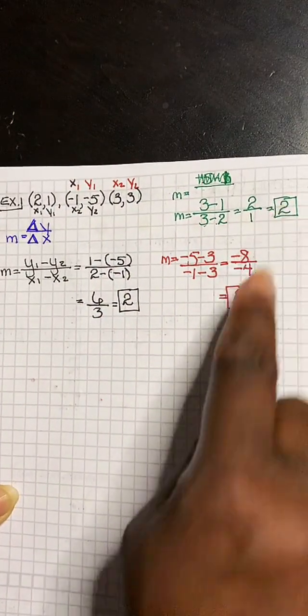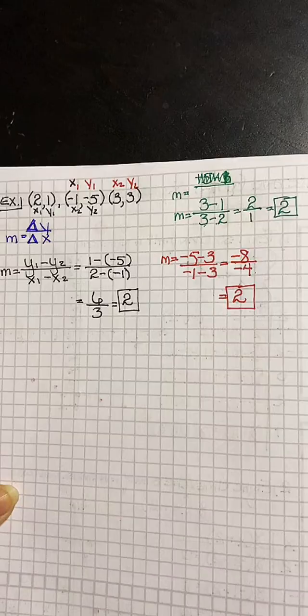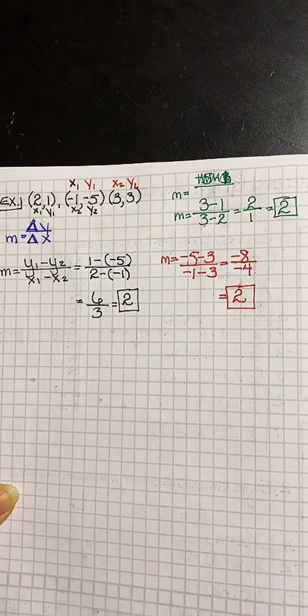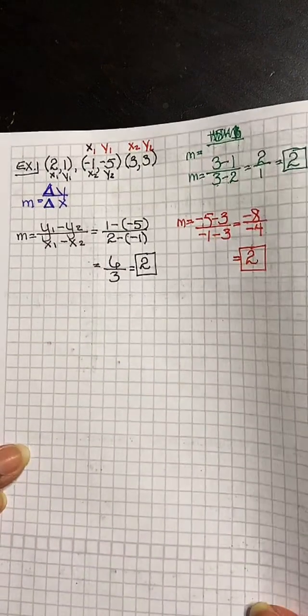Regardless, you're going to get the same answer, okay? It all comes out the same. So it doesn't matter if you do your y2 minus y1, your x2 minus x1, or if you do your y1 minus y2, or your x1 minus x2. You get the same answer. All right? So no stress, no strain.